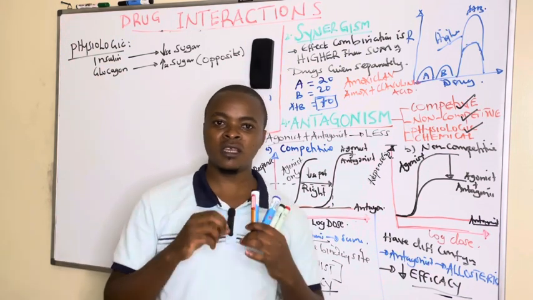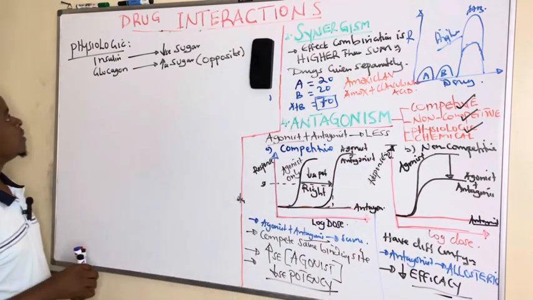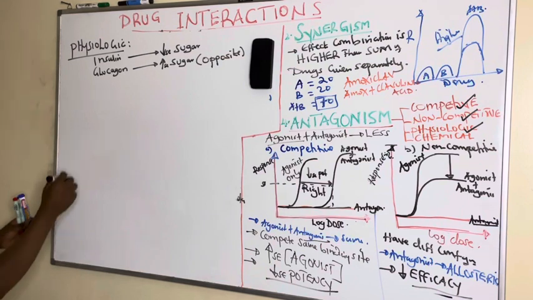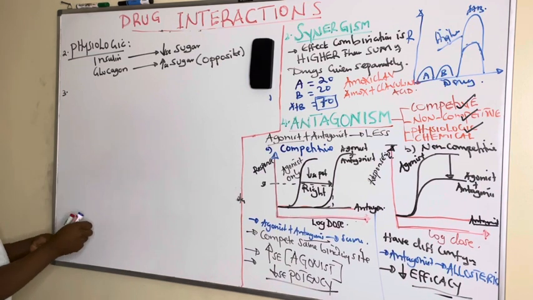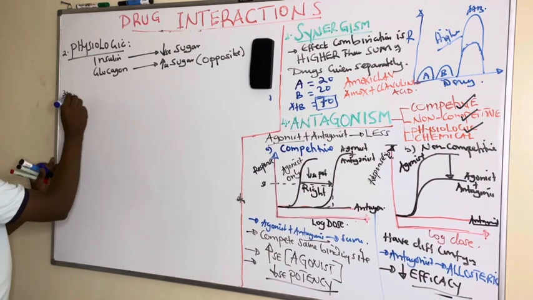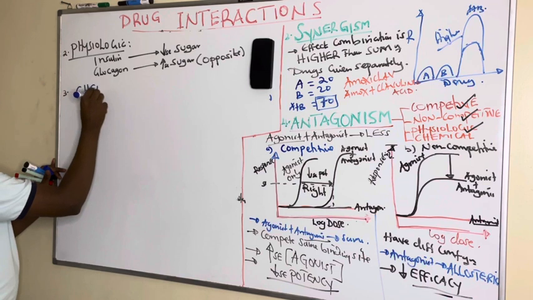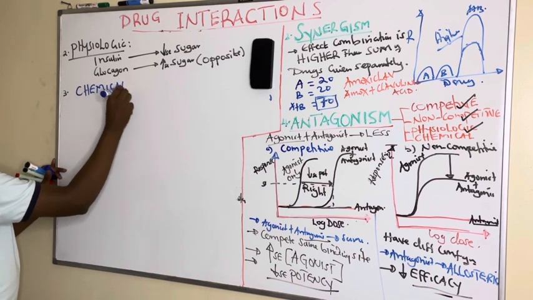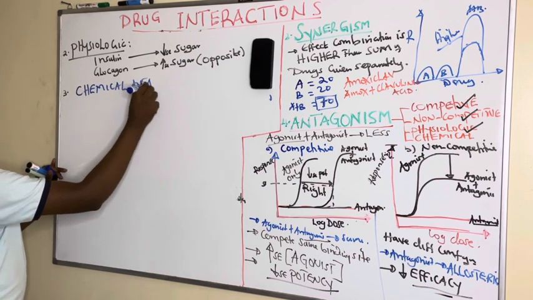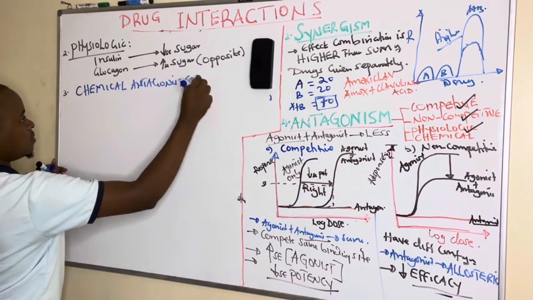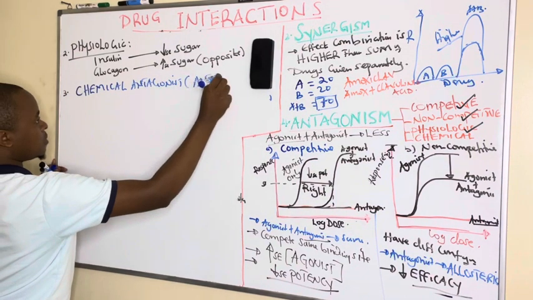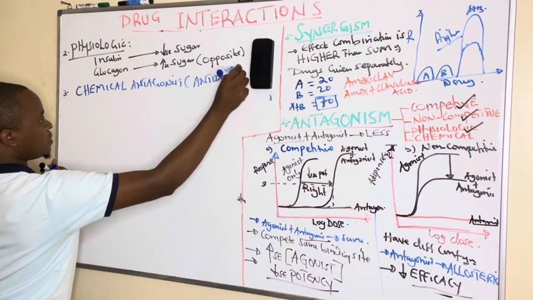So that is what we are calling physiologic antagonist. This was number 2. Then number 3, we can talk about chemical antagonists. Under chemical antagonists, these ones are known as antidotes.